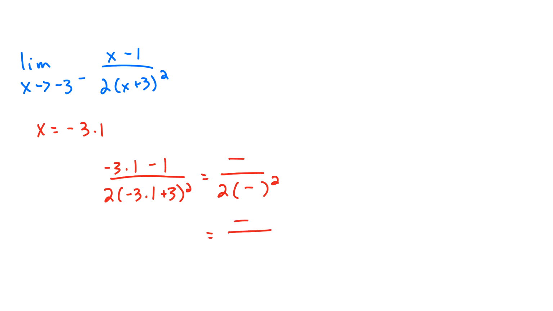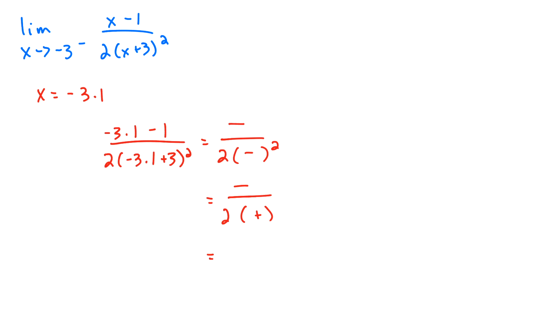My numerator isn't going to change because nothing's happening up there. In my denominator, if I take a negative number and square it, that means I'm taking a negative number times a negative number, which should give me a positive number. Then in my denominator, I've got a positive 2 times a positive number, which is going to be another positive number.